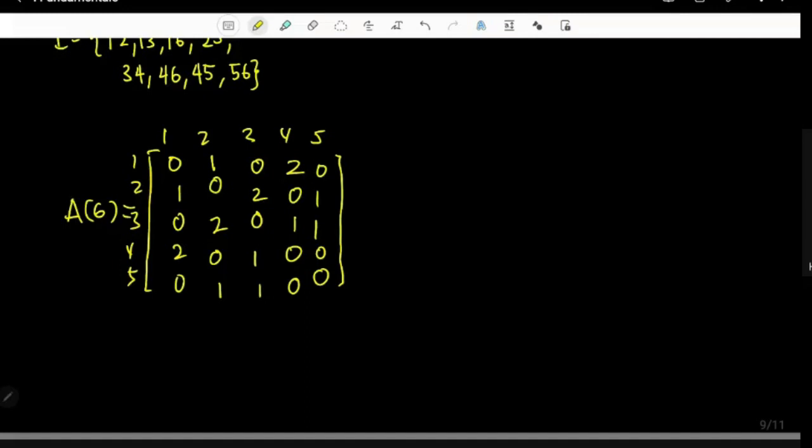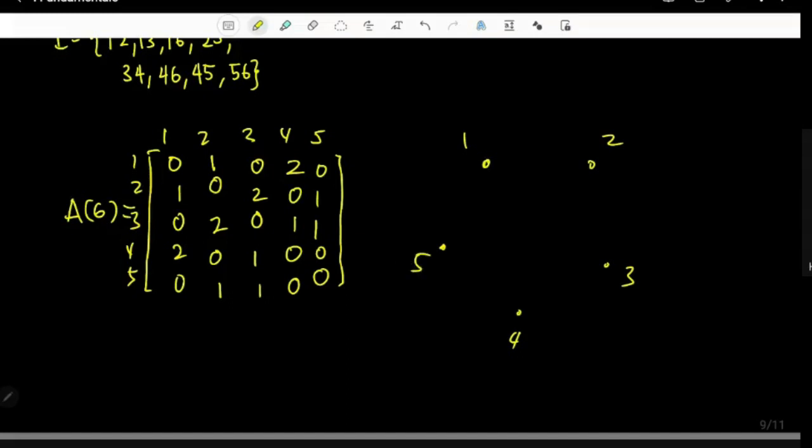So, the goal is, how do we visually represent our graph? So, that should be easy. Using the adjacency matrix alone, we can now identify the edges. So, we just have to draw 5 vertices. So, let's call it vertex 1, vertex 2, vertex 3, 4, and vertex 5.